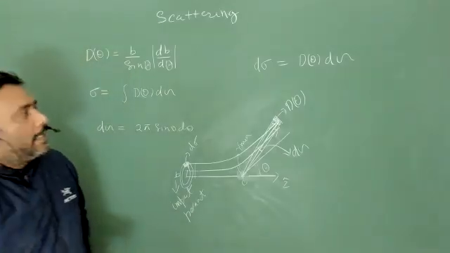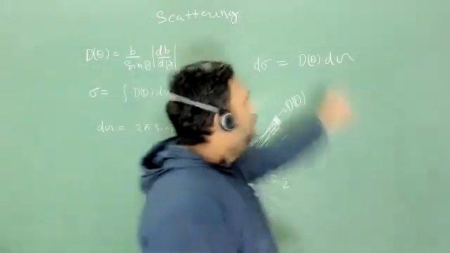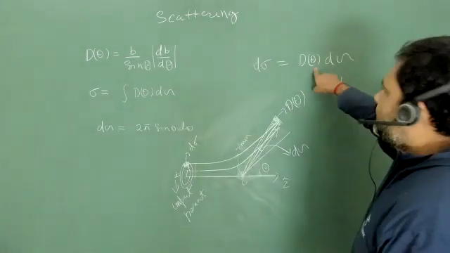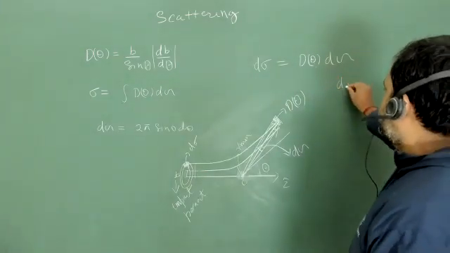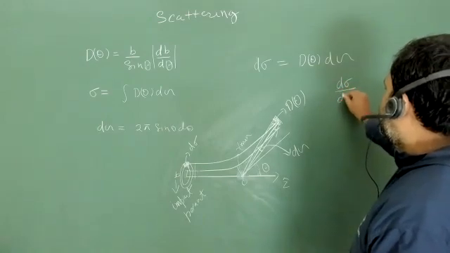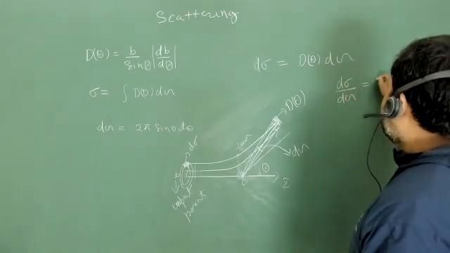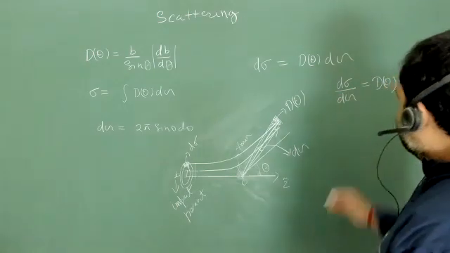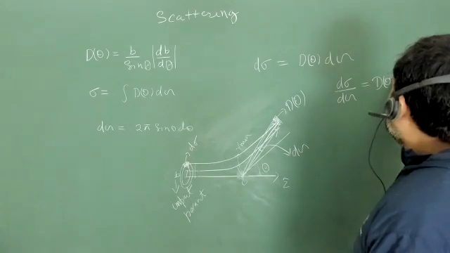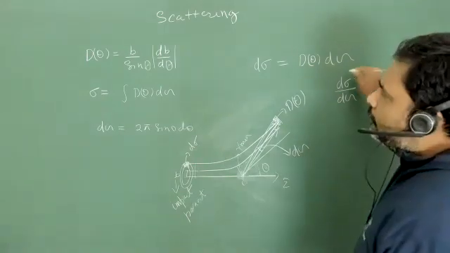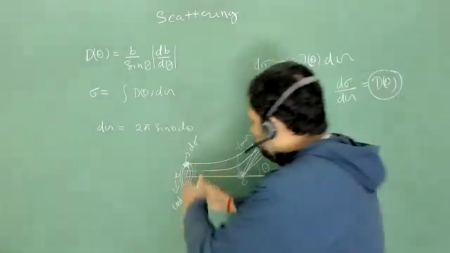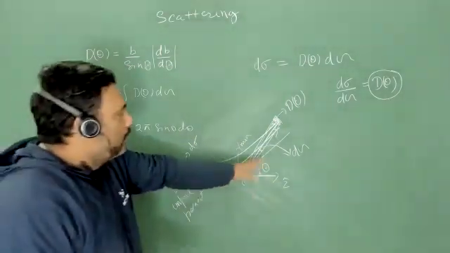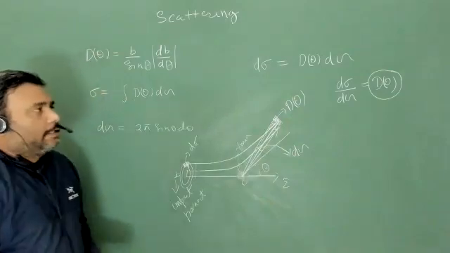Sometimes you define this d sigma by d omega as the differential scattering cross section. The whole idea is how you find it, and if somehow you write the relationship between b and theta, then obviously everything is a cakewalk for you.